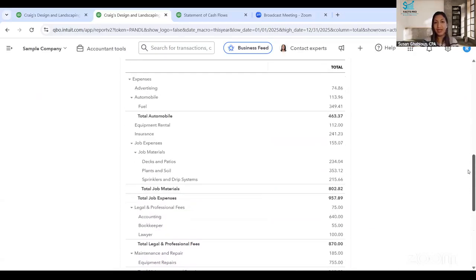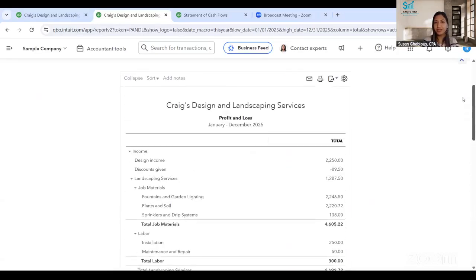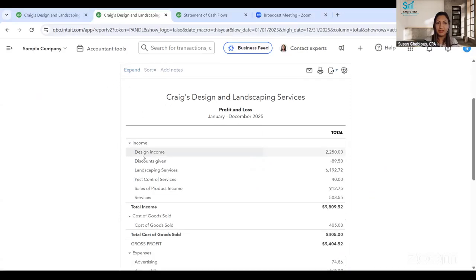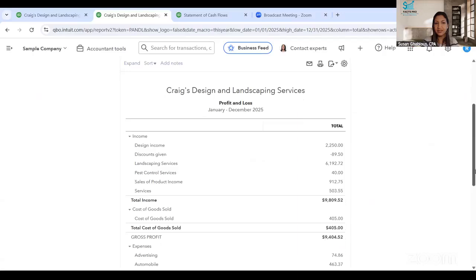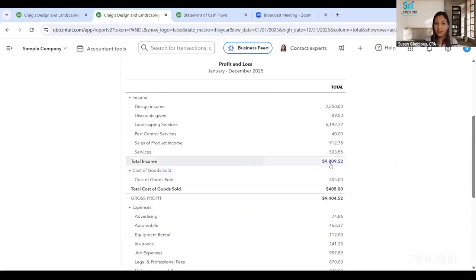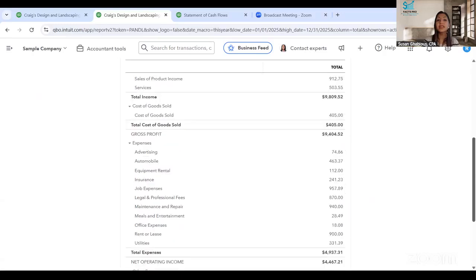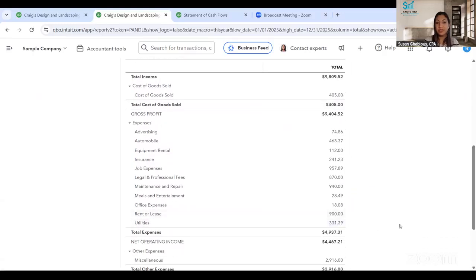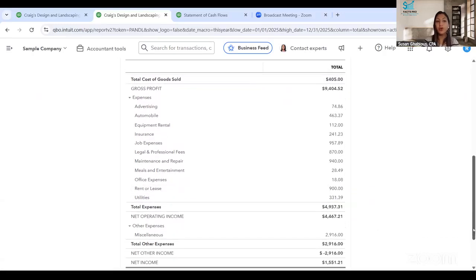So again, if we condense that here to take a look, instead of going one by one, this is your total income. Here, your cost of goods sold may not be applicable to everybody. You may not have cost of goods sold on your P&L. And then your operational expenses, you get to your net operating income.